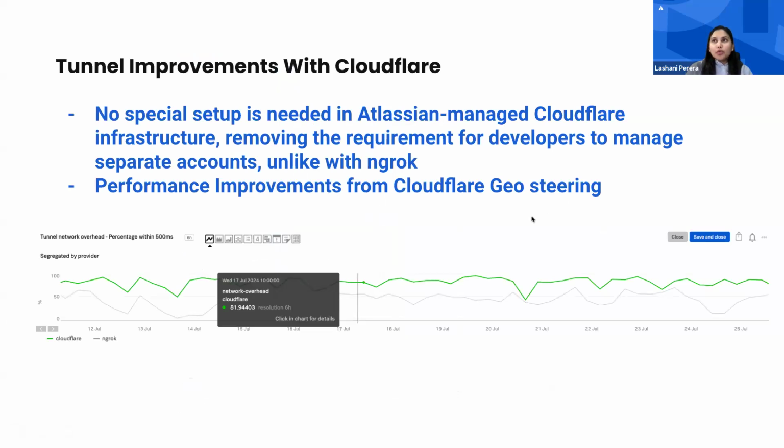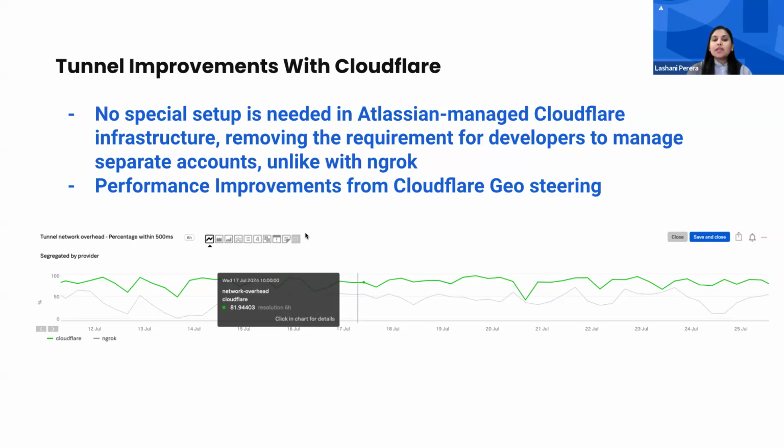A few improvements with this Cloudflare flow to highlight: no special setup is needed because Atlassian manages the Cloudflare creation and everything, and you don't have to set up or create any special accounts, unlike with Ngrok. And with the Cloudflare geo steering feature, we have noticed some performance improvements with the network overhead.